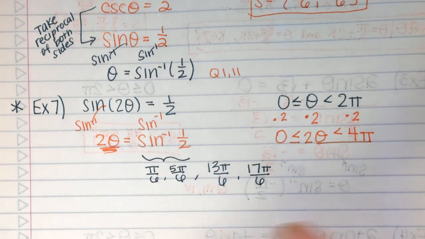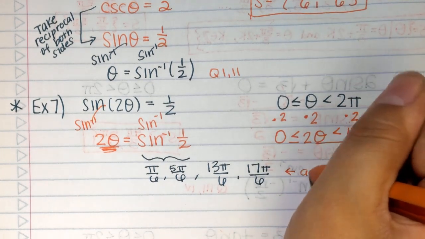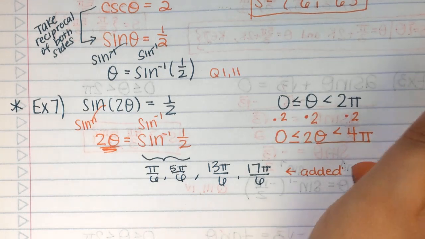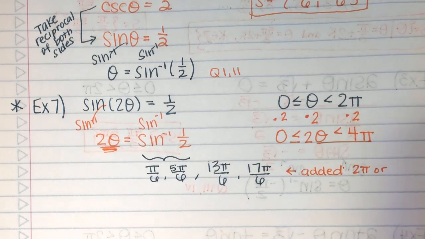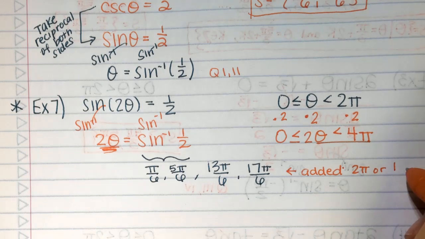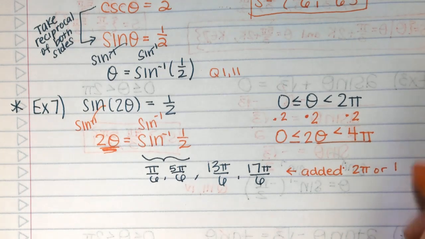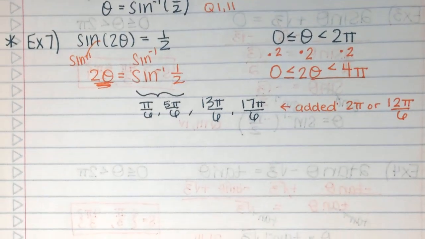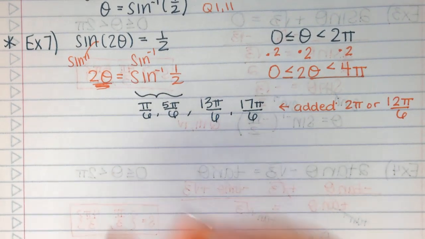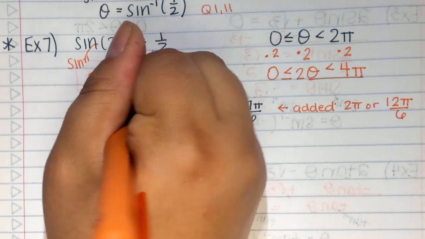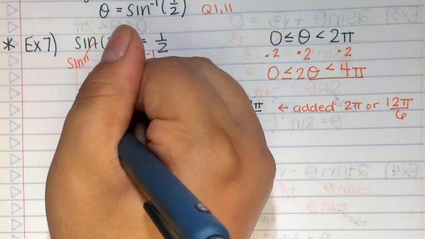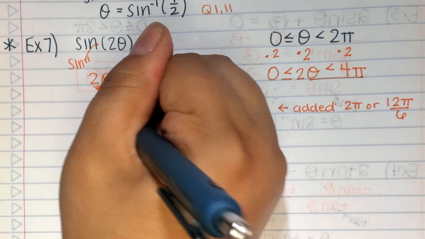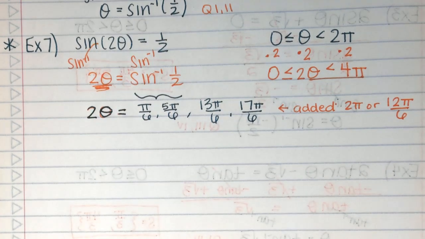So if you want to make a note, we added 2 pi. What's 2 pi when you're dividing by 6? 12 pi over 6. Coterminal angles, correct. So 2 theta equals pi over 6, 5 pi over 6, 13 pi over 6, and 17 pi over 6.